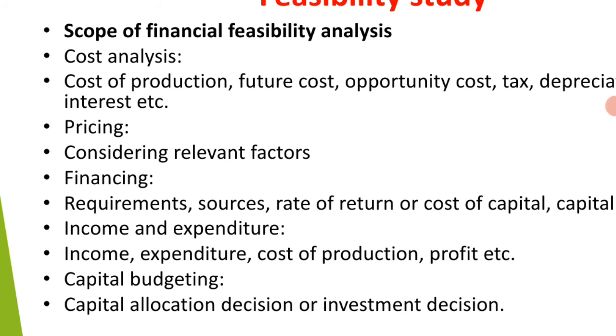So it is the investment decision, that is capital budgeting or capital allocation decision. So the scope of financial feasibility analysis includes cost analysis, pricing decision, financing decision, income and expenditure analysis, capital budgeting decision.